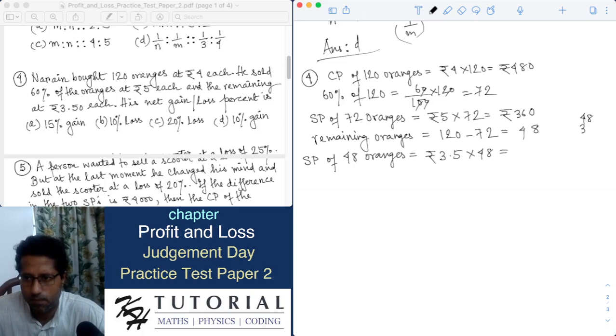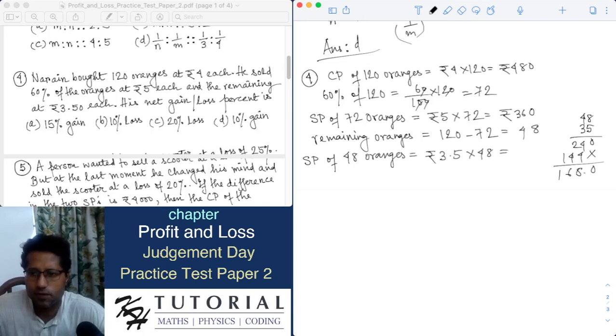48 multiplied by 35 gives 168. Rupees 168.